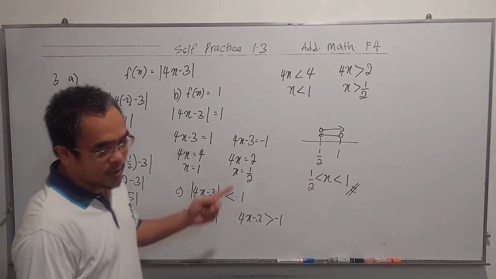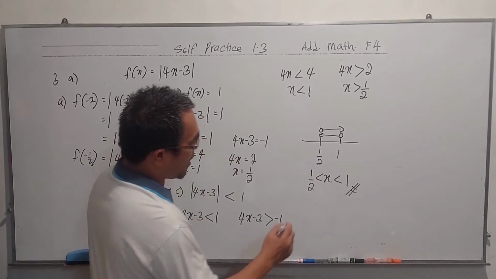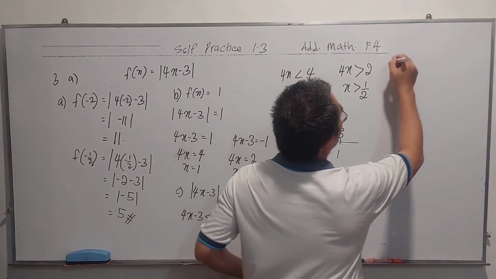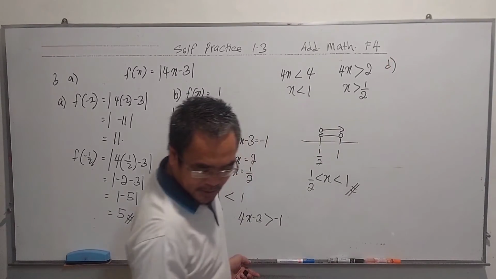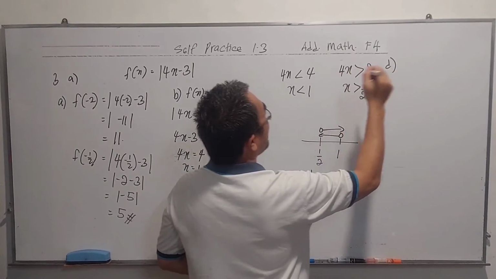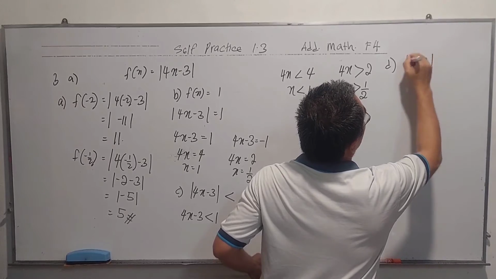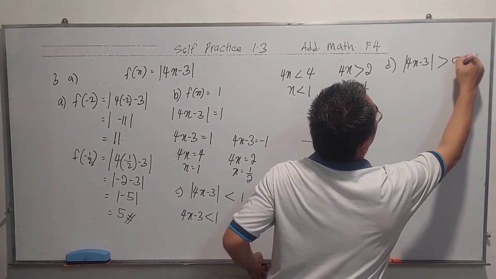Okay, so in case that you have any problem, do let me know. And the last one, D, is fx more than 5. So more than 5, you take function 4x minus 3 more than 5.